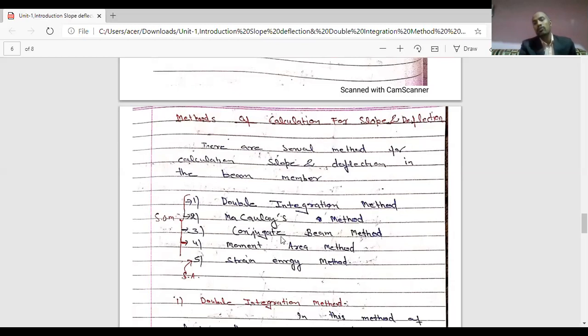Third method is conjugate beam method. Fourth method is moment area method. Fifth one is strain energy method. As per the syllabus of structural analysis, here we study only the double integration method, conjugate beam method, moment area method, and strain energy method. So dear, now we start with the double integration method.